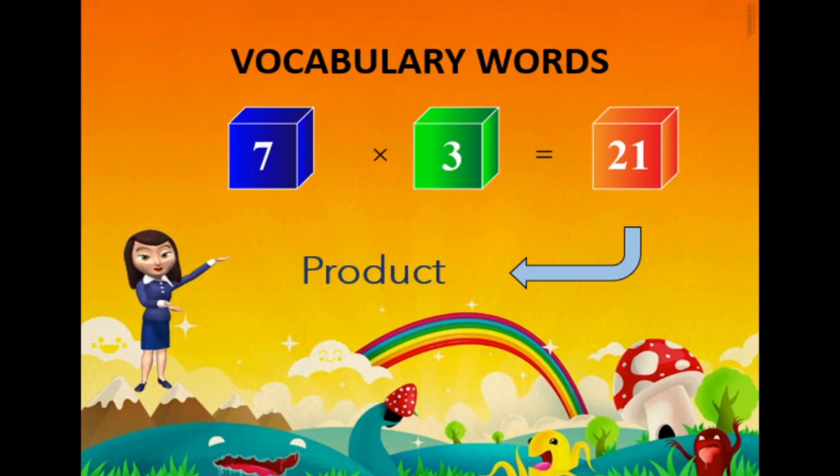Product is the answer in a multiplication process. What is 21? Very good. Multiplier, multiplicand, and product are the 3 things you usually see and encounter when you multiply numbers.